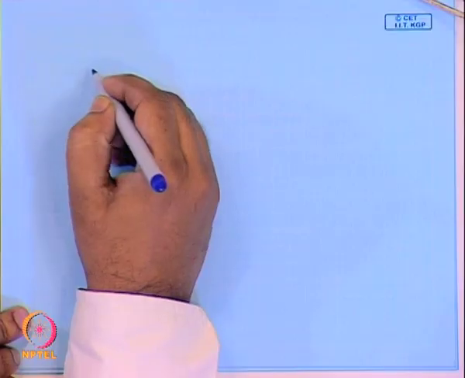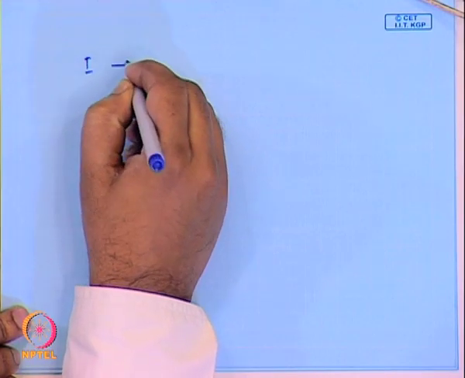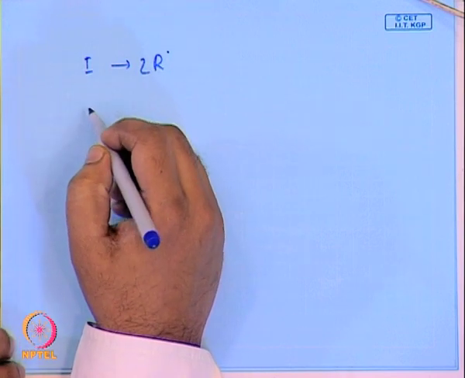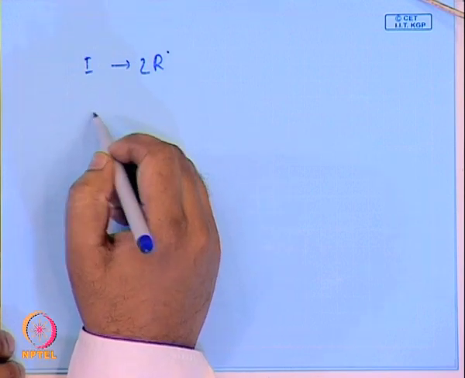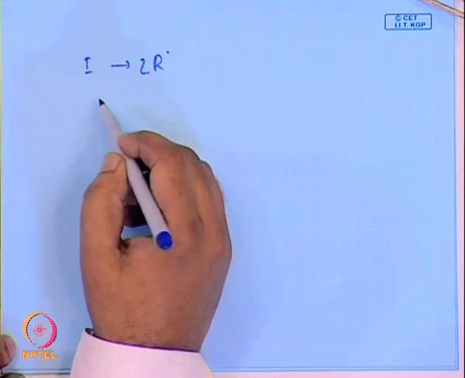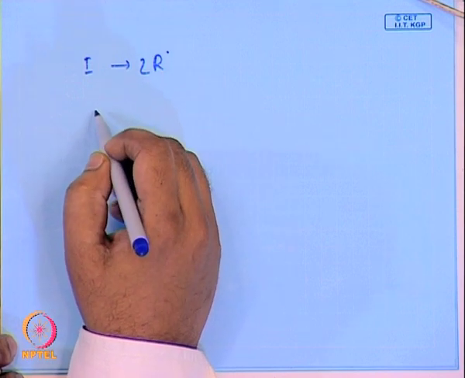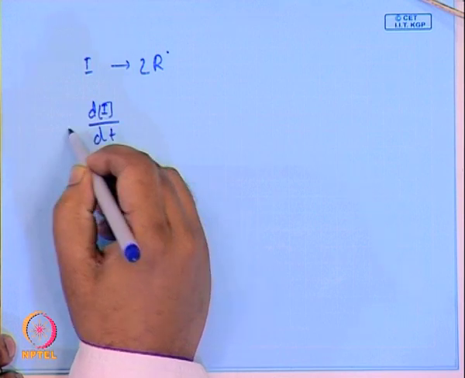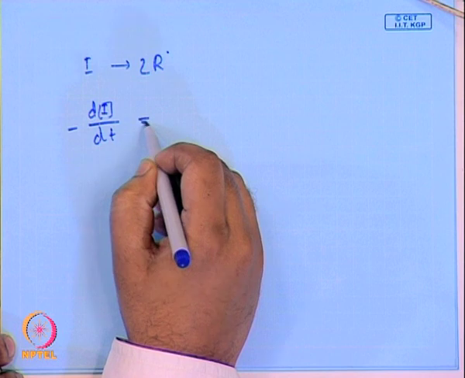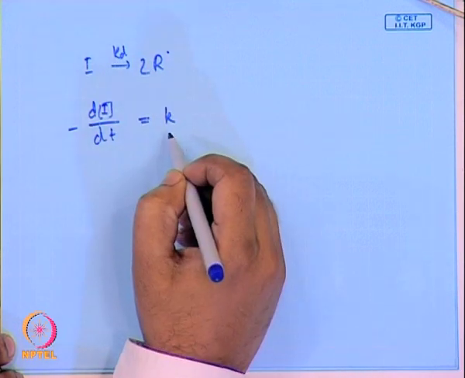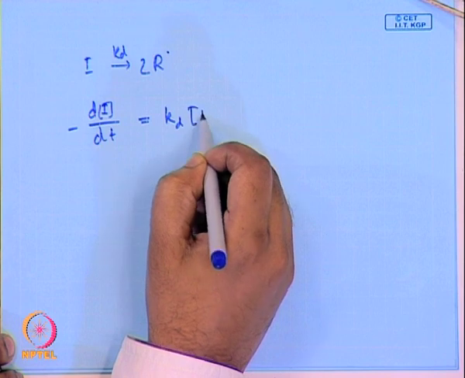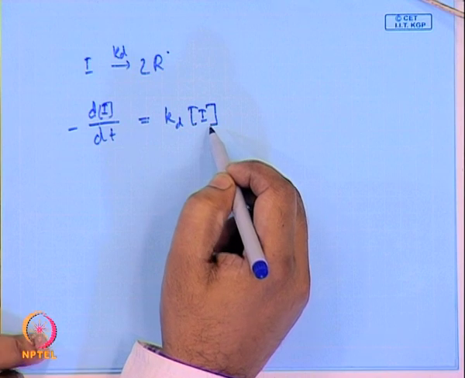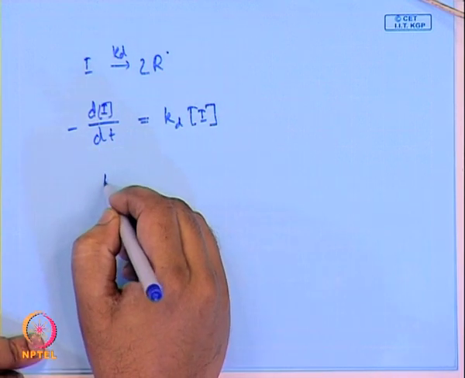Now, this radical is generated from an initiator species. If I want to find out how fast this radical generation happens, we can write this rate equation, which is basically the dissociation constant multiplied by the initiator concentration, since this follows first order kinetics.